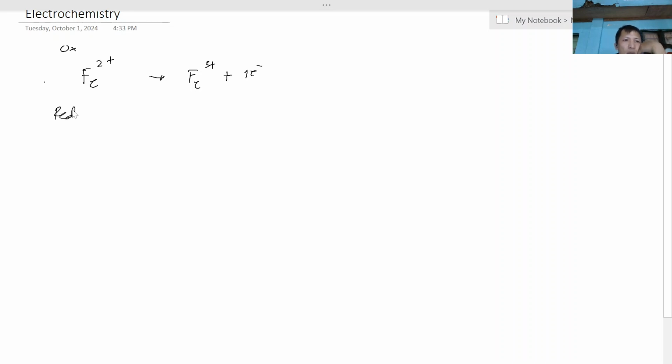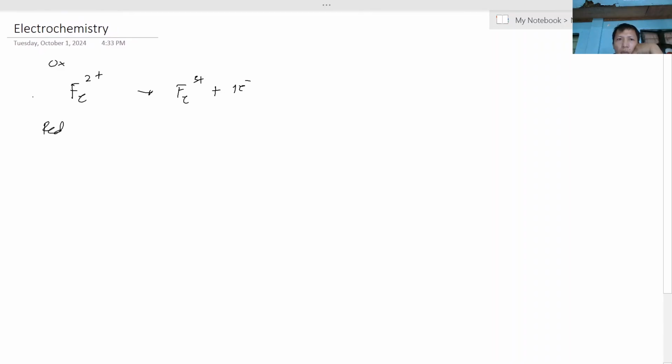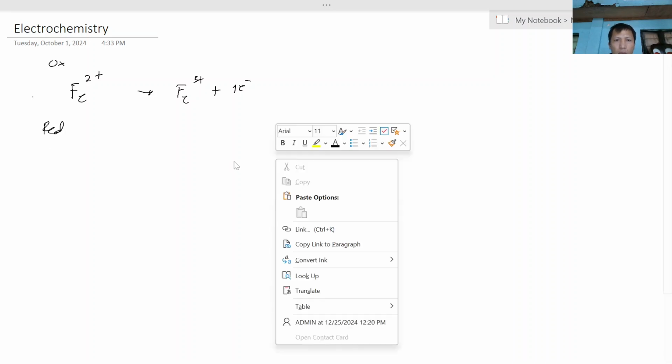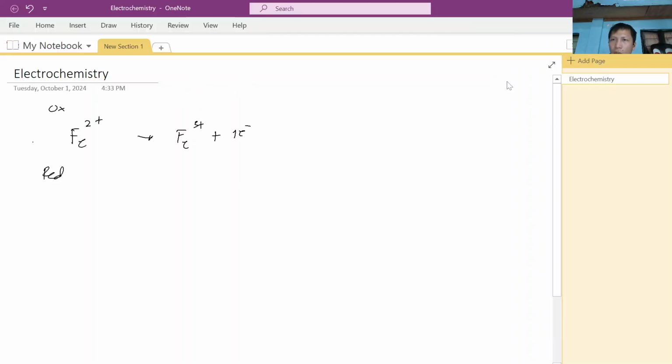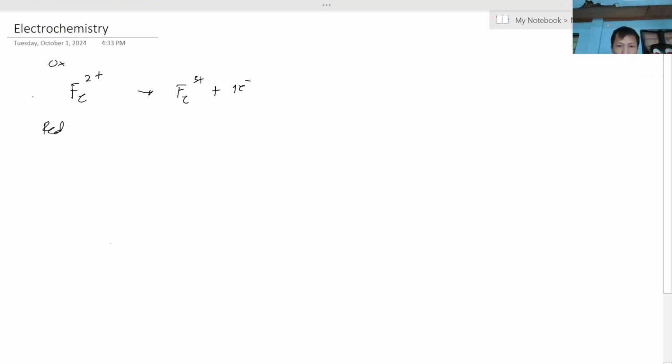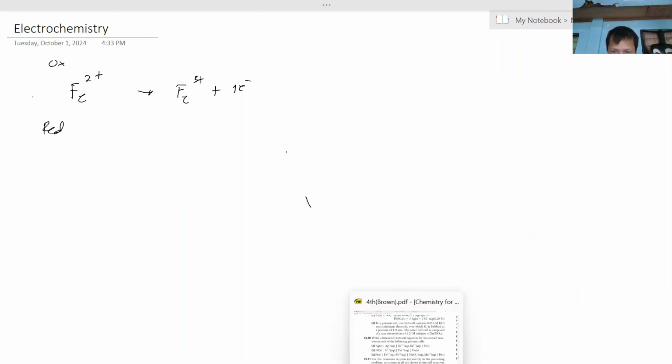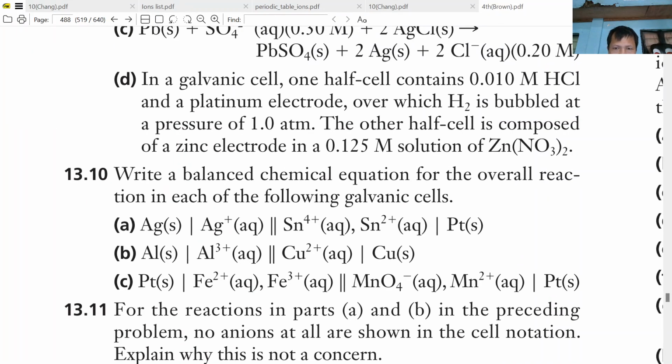Then we go to the reduction side. So for the reduction side, here's my MnO4- to Mn2+.